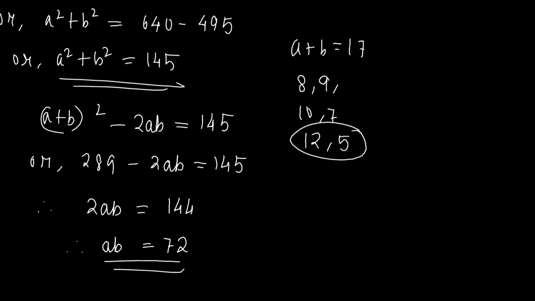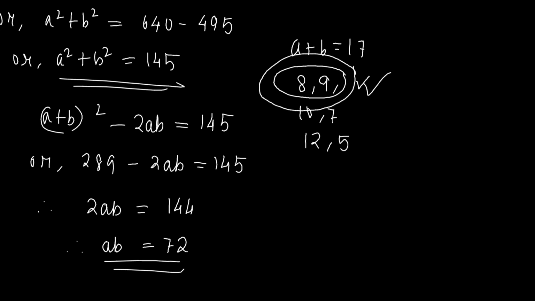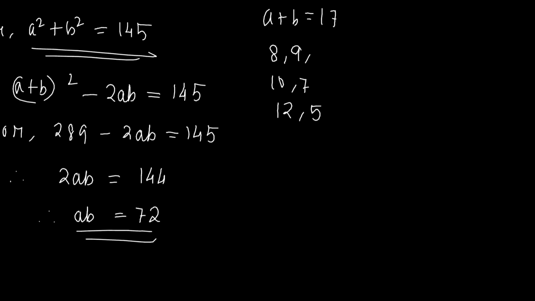Here also it is not 145, but this is 145. 8 square is 64 and 9 square is 81, so 81 plus 64 is 145. Again, 8 plus 9 is 17, and 8 into 9 is 72. Many numbers can be there, but this one follows all the conditions. So the values of A and B are 8, 9.